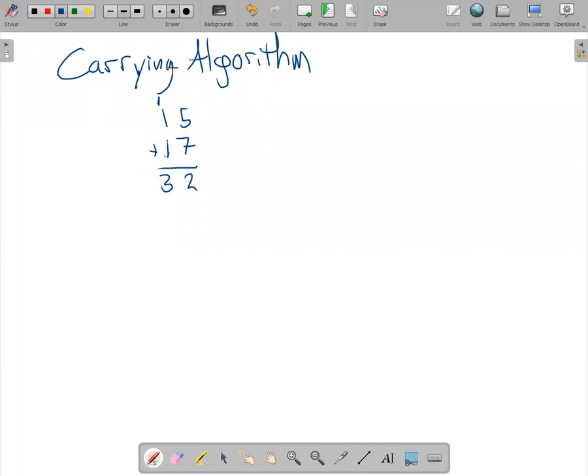Often instead of calling it carrying, because that's just the physical act of putting the 1 there, we're really regrouping 1s as 10s. So this is often called the regrouping algorithm.